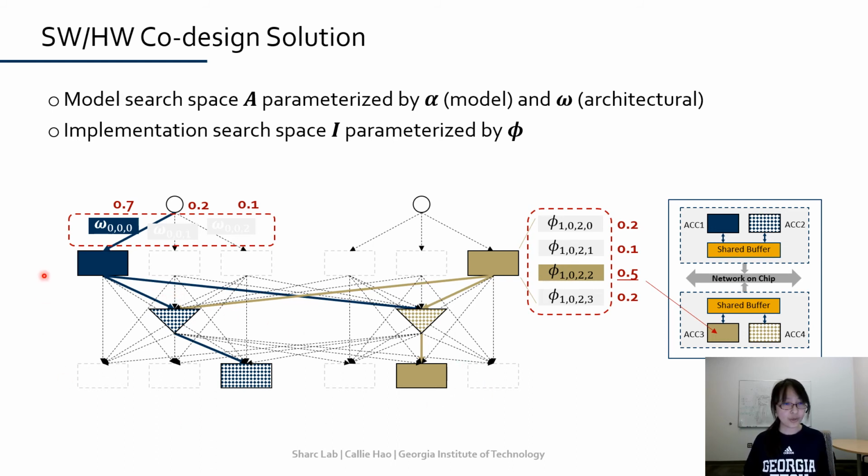So this is how we decide what the model looks like. And similarly for the implementation, after the search, we can see that this value is the largest, so we're going to finally map this block to the ACC3. So this is how we're going to decide what the architecture looks like and what the mapping looks like.